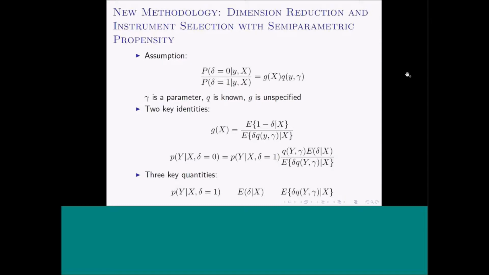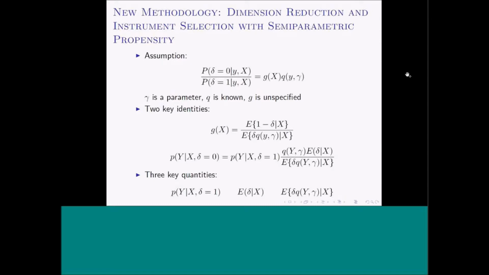The quantities involving x in the previous identities are all in these three quantities. If you look at the first, Gx is a ratio of the second one and the third one.